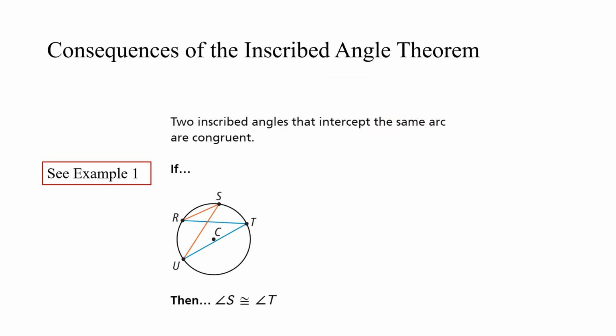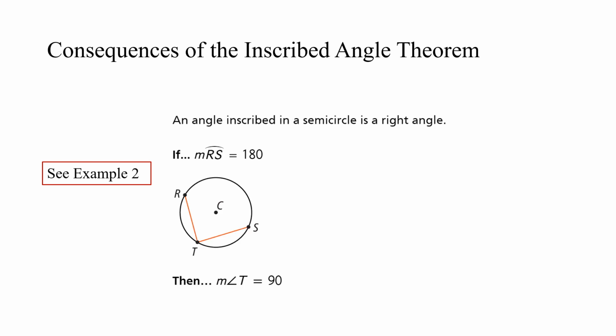So the consequences of the inscribed angle theorem are as follows. If 2 inscribed angles intercept the same arc, those 2 inscribed angles are going to be the same measure. What we saw from the second example was that if an angle inscribes a semicircle, then the inscribed angle is going to be 90 degrees.